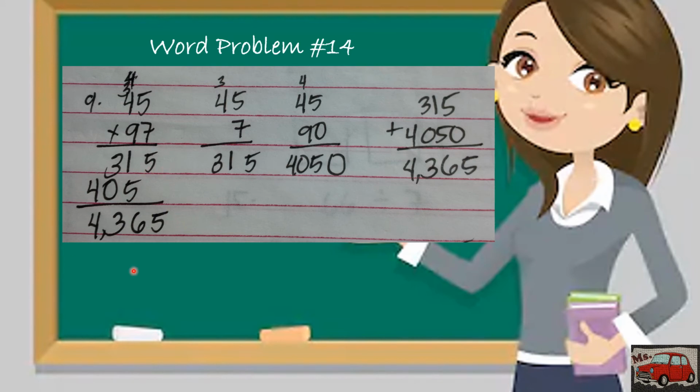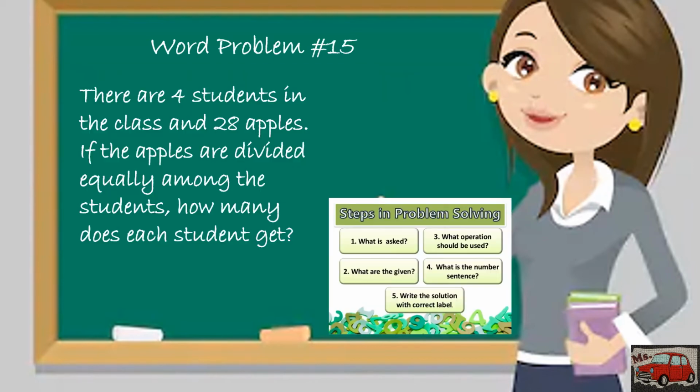Then we have 4,365. So ibig sabihin, dun sa 45 na boxes, ang total ng apples ni Ron Christian is 4,365 apples. Okay? So if you want to do this in groupings, just again add the products, then you'll get the same answer, 4,365.